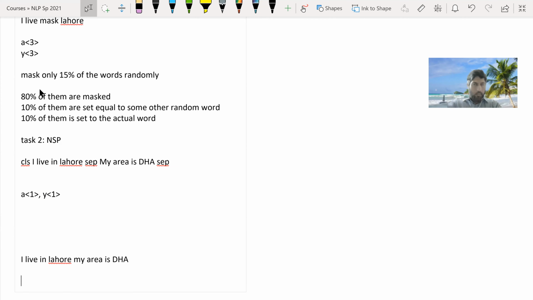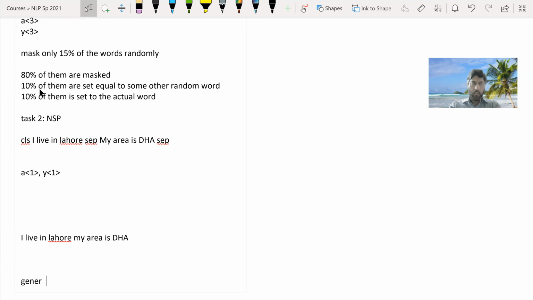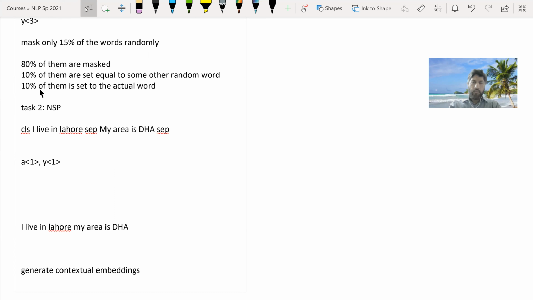So once your network is trained, meaning that all those weights have been fixed, WQ, WK, WV in the attention mechanism, as well as all the feed forward layers, as well as the output layers, then you can use this in two ways, as I said before, to generate contextual embeddings. How? So let's say you have a new sentence.